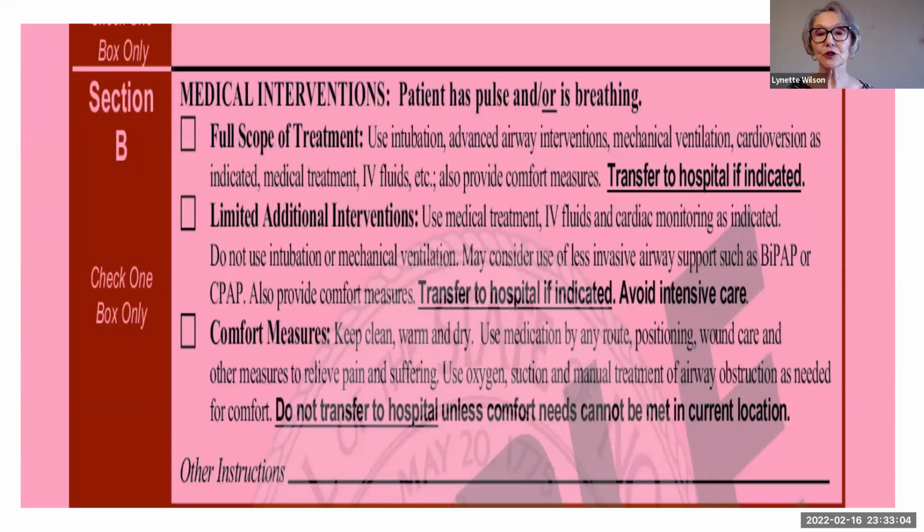Okay, the next section of the MOST form is the section in North Carolina that's called medical interventions. And these occur if the patient has a pulse and/or is breathing, but there is still a significant event of some kind going on.